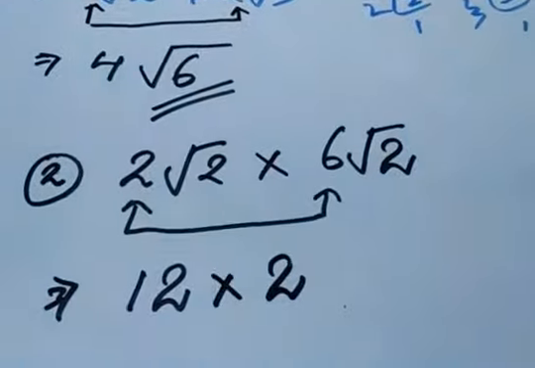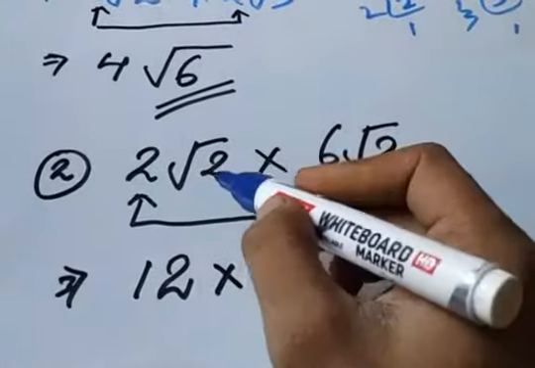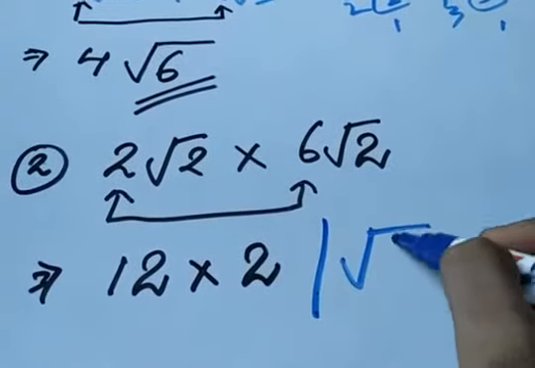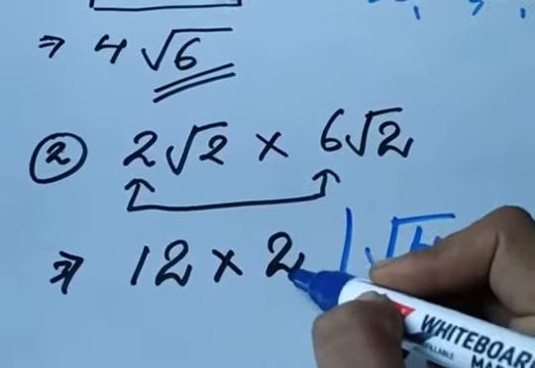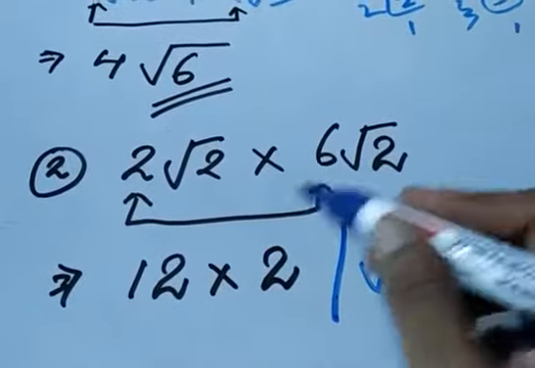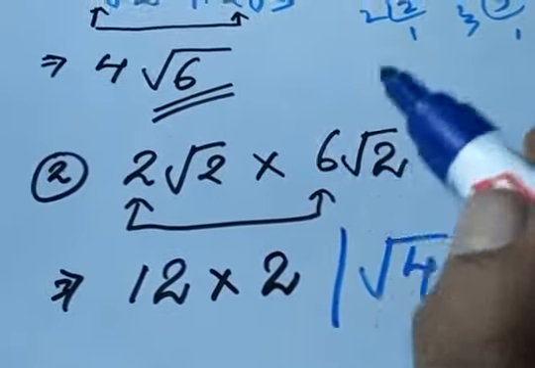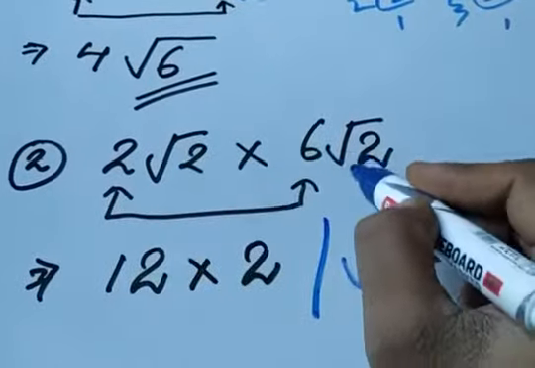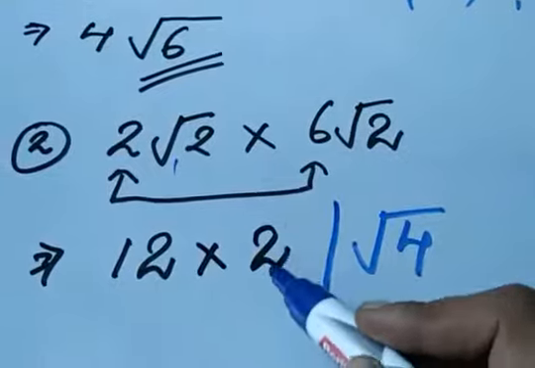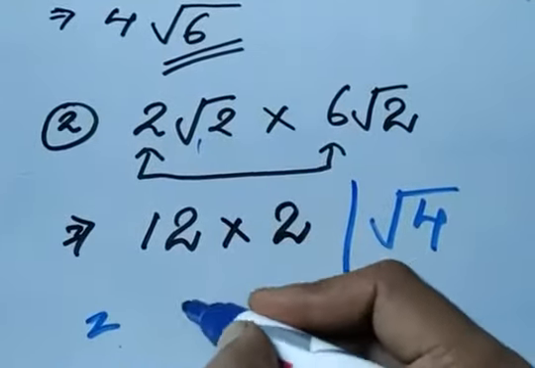Or you can think of it like this: root 2 times 2 is root 4, and root 4 is 2. You can also understand one simple thing: when like roots multiply, the root gets cancelled. So root 2 into root 2 is only 2, and your answer would be 12 into 2, which is 24.